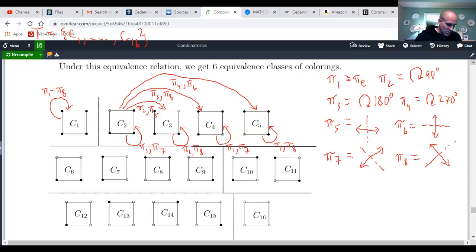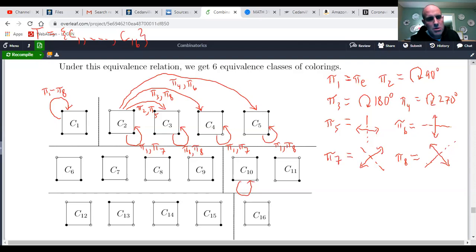That little equivalence class down there. Well, probably something similar. So let's see here. Let's think about this. What things fix C10? And how many things do you think are going to fix C10?